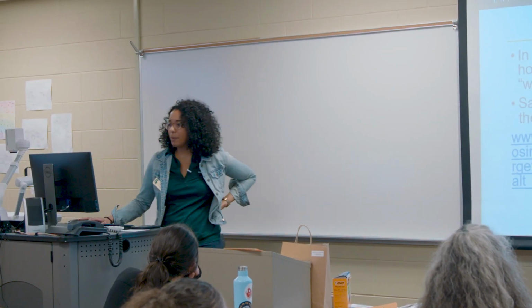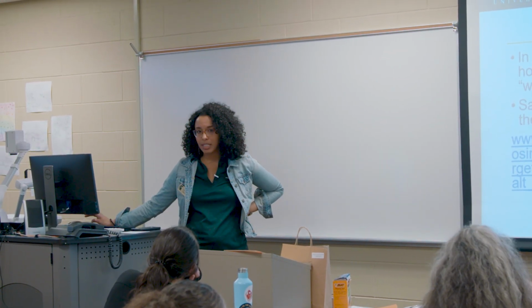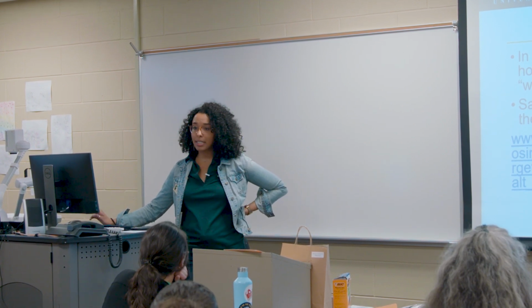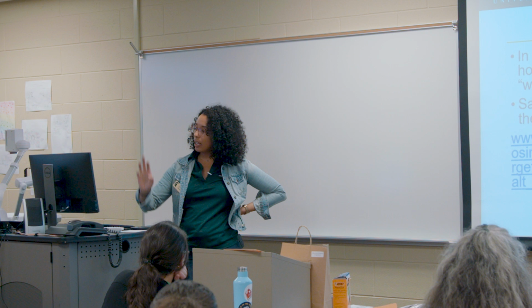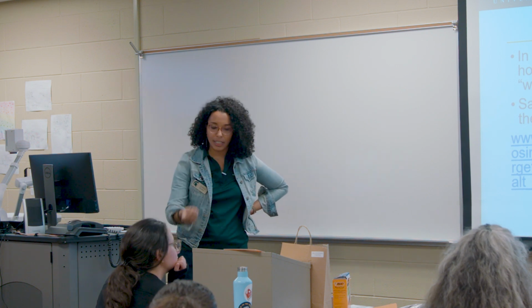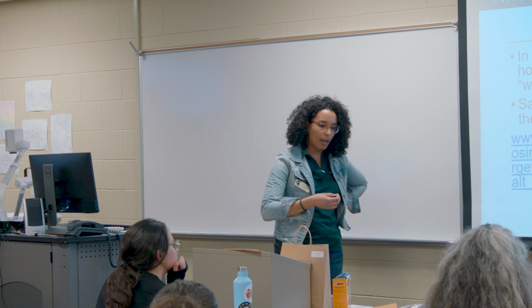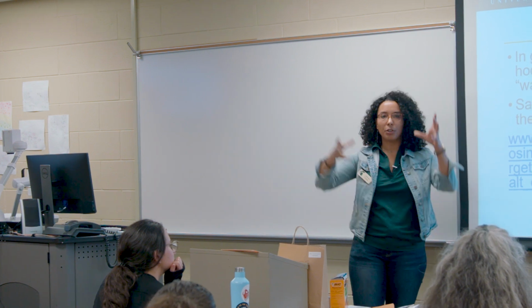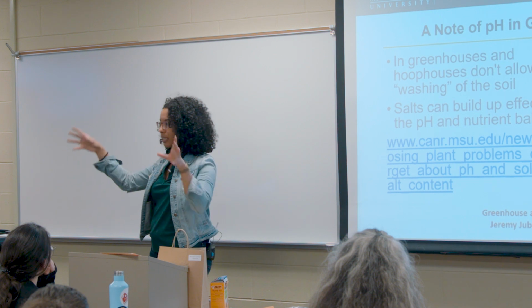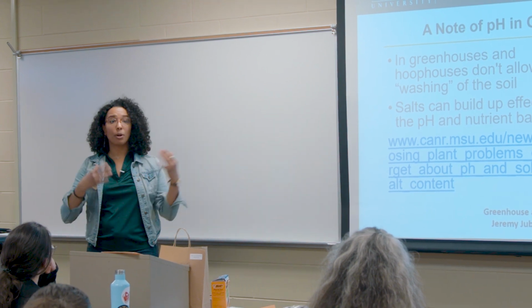Okay, note on pH in greenhouses and hoop houses. I'm not an expert in hoop houses and greenhouses, but I did want to bring this up. Now, when we're out in a field and we're getting that rain coming through the soil, we're having nutrients move through soil, we're having salts move through the soil, and so we're getting that distribution more readily.